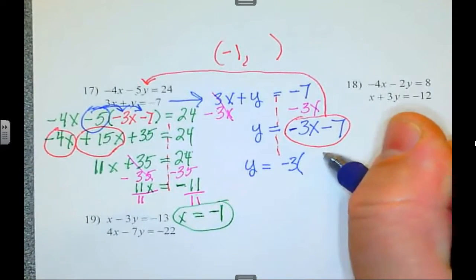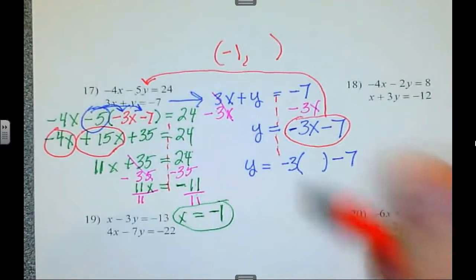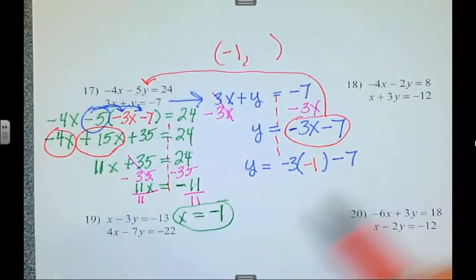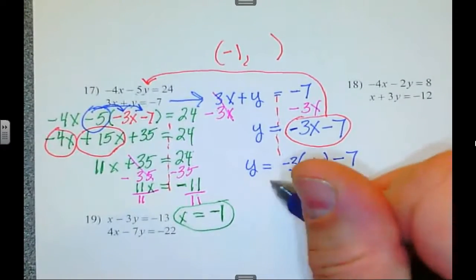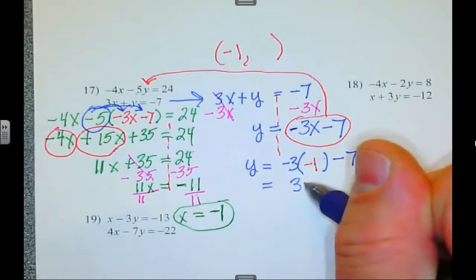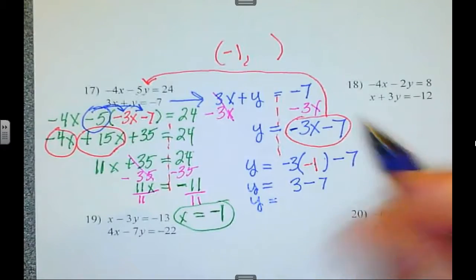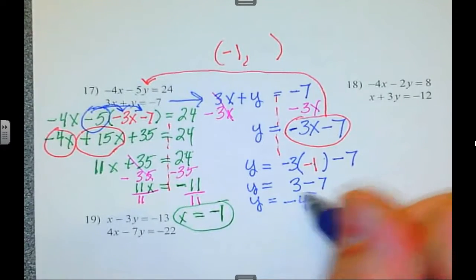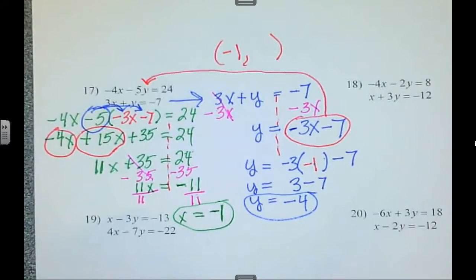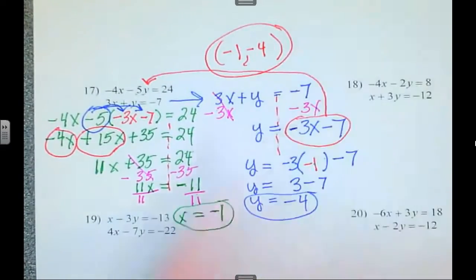I'm going to substitute in negative 1 for my x. Negative 3 times negative 1 is positive 3 minus 7. So y is going to equal negative 4. And there's my answer.